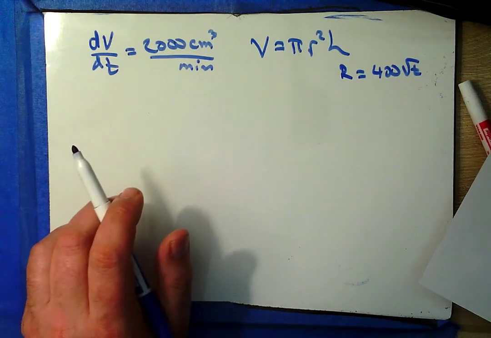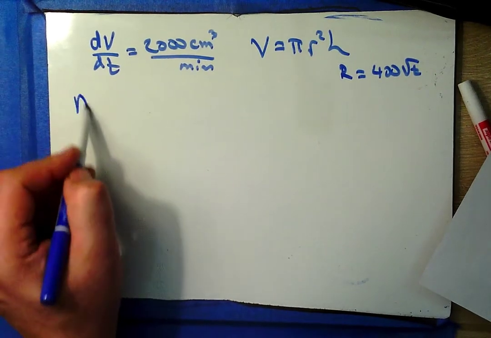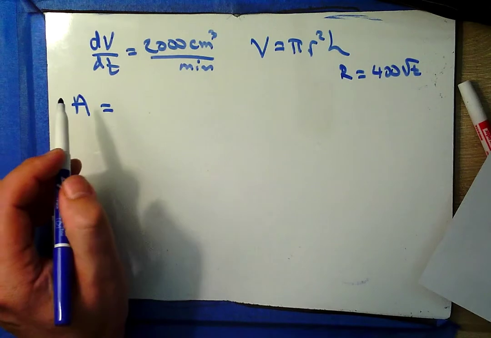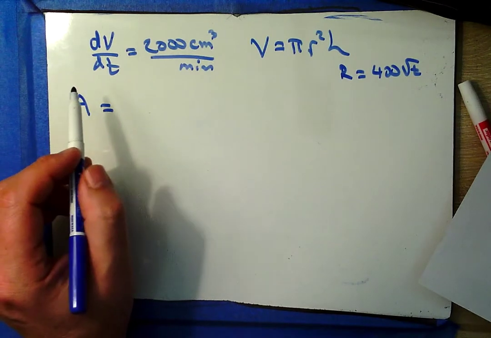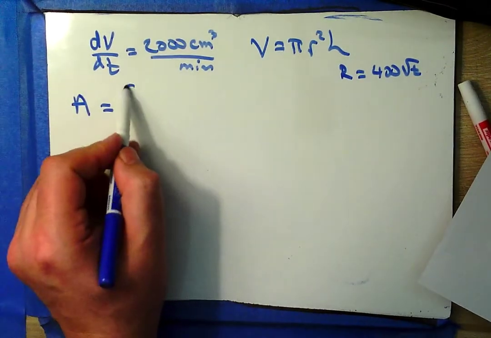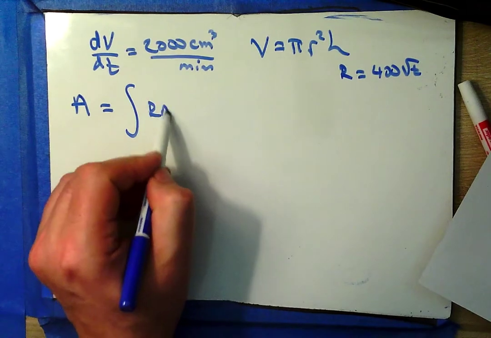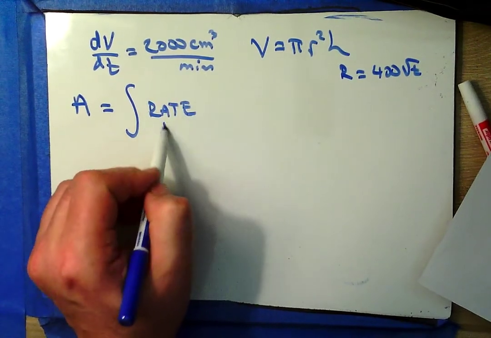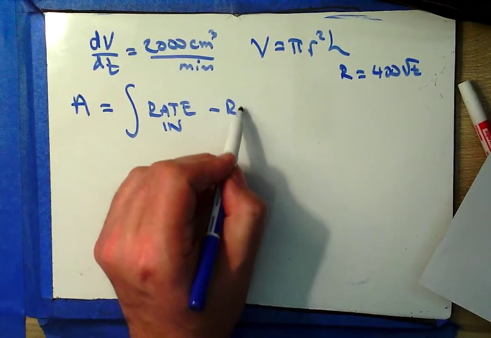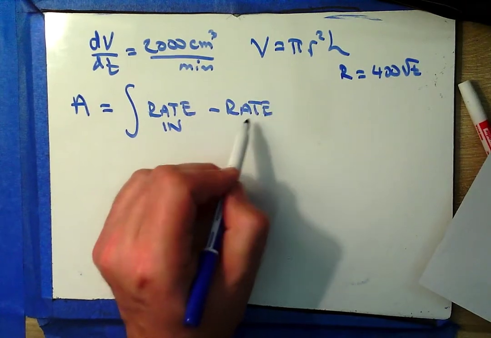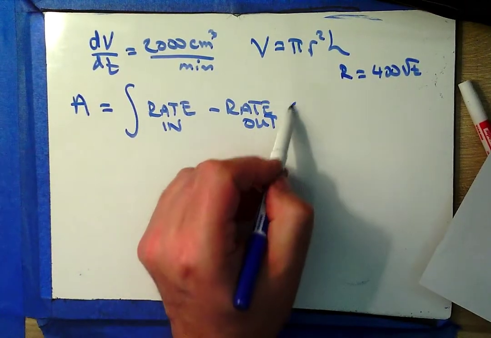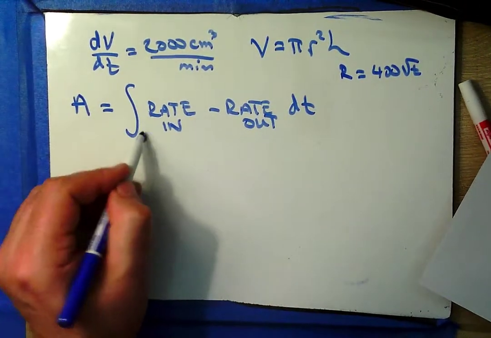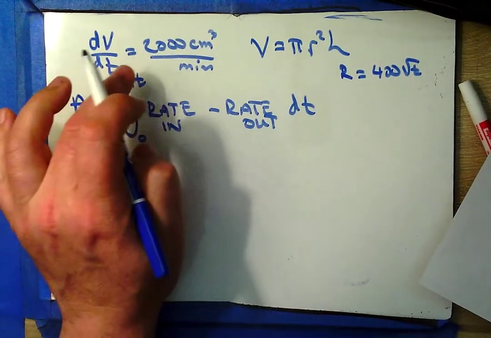So we want to think about an amount of oil function. An amount of oil function is going to be the integral of the rate in minus the rate out with respect to time, so from 0 to t.